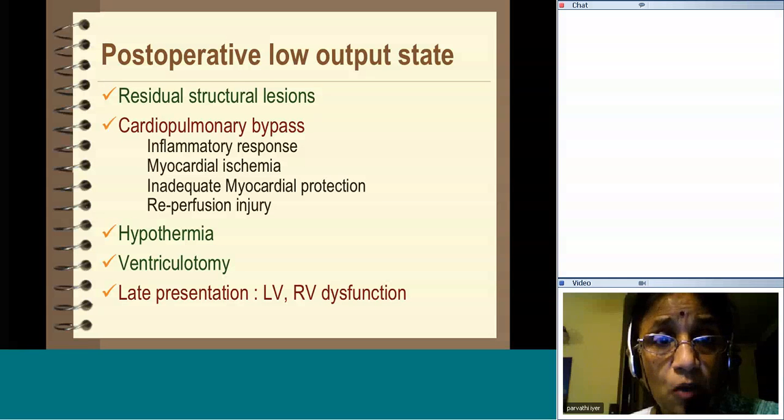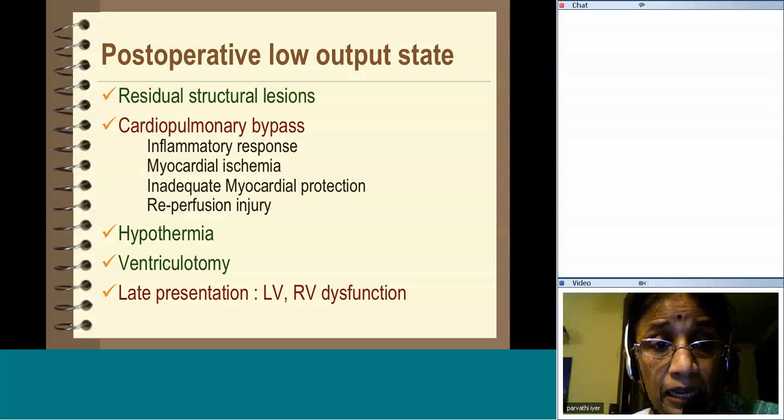In the previous talks, we've already spoken about the important role of cardiopulmonary bypass in initiating and sustaining a postoperative low output state. The reason that CPB does this is the intense inflammatory response that is evoked, the degree of myocardial ischemia which it entails, and varying levels of inadequate myocardial protection.